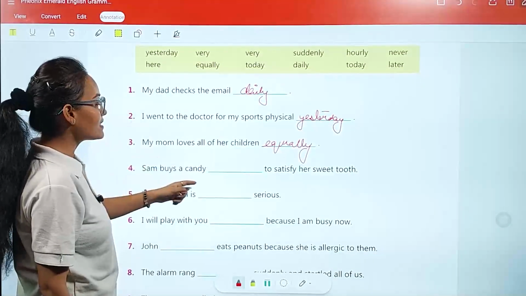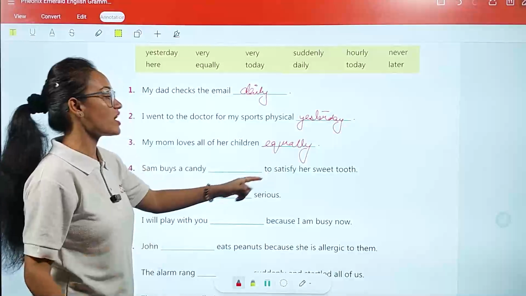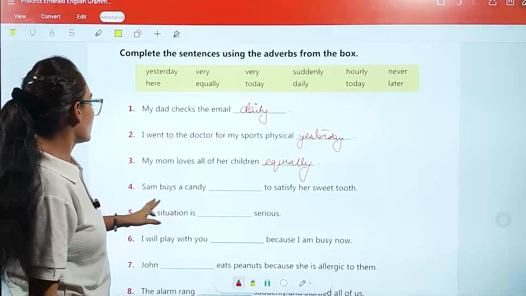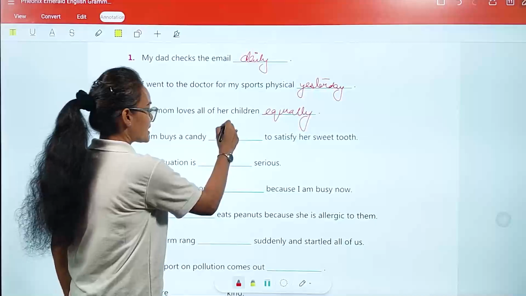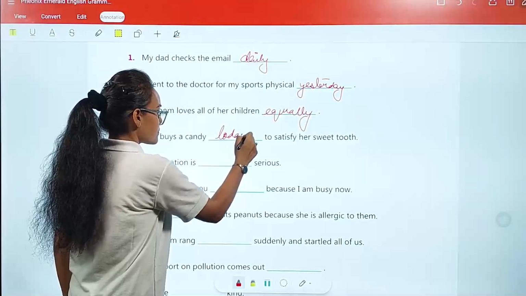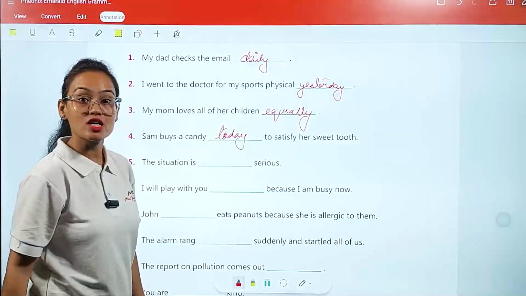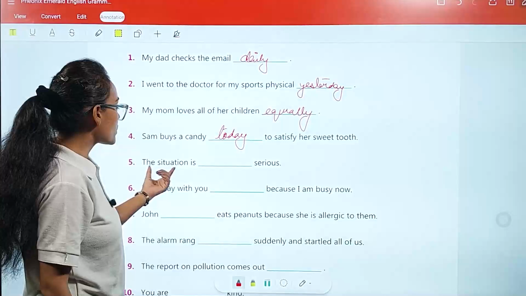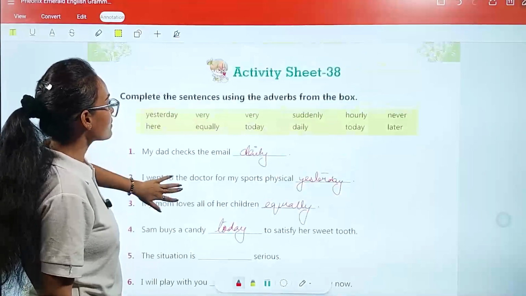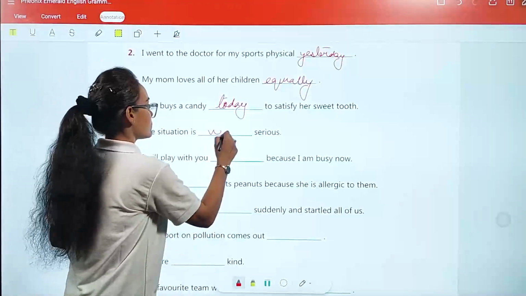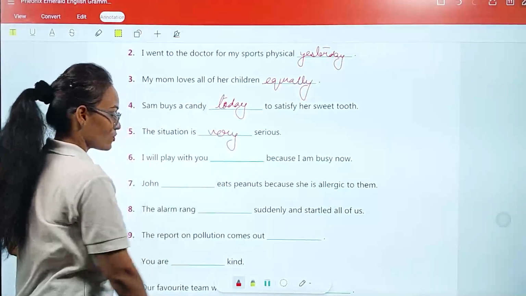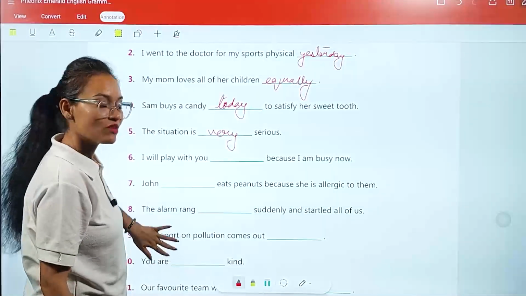Sam buys a candy today to satisfy her sweet tooth. The situation is very serious. Similarly, the rest of the blanks you are going to fill on your own.